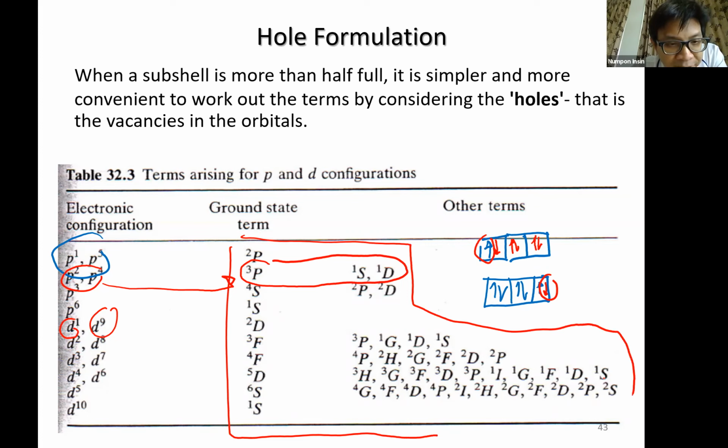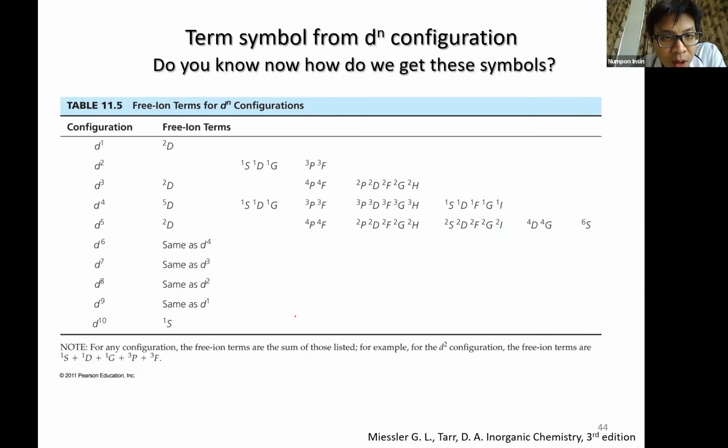I'm not going to ask about F orbitals, but I can ask about S orbitals. I'm not asking for the answer itself, I'm looking for the way to derive and get this answer. So again, with the hole formulation, D6 is going to be the same as D4.